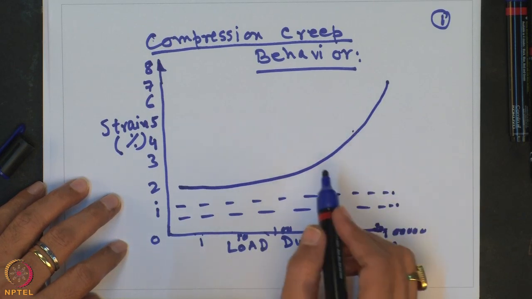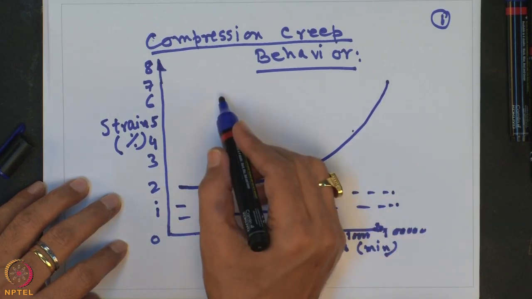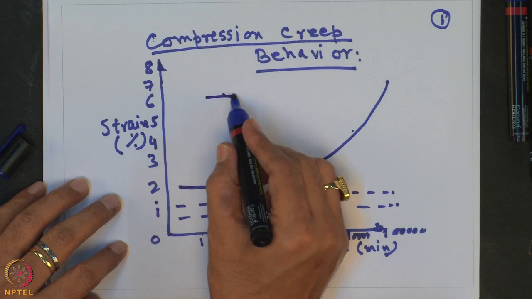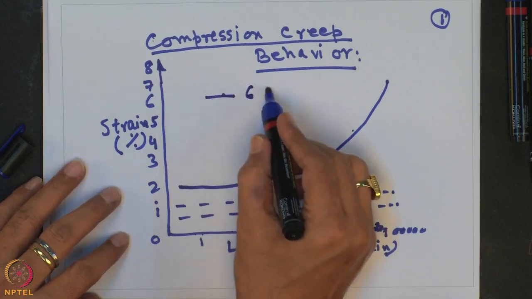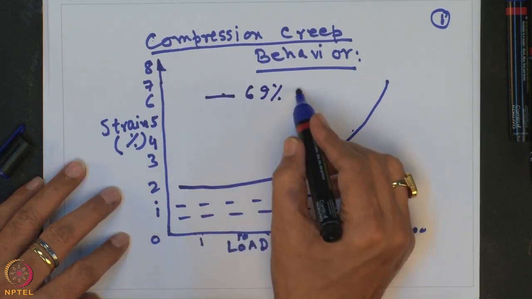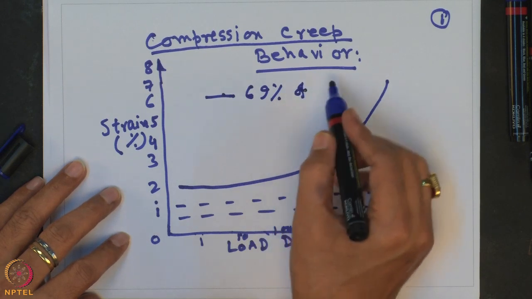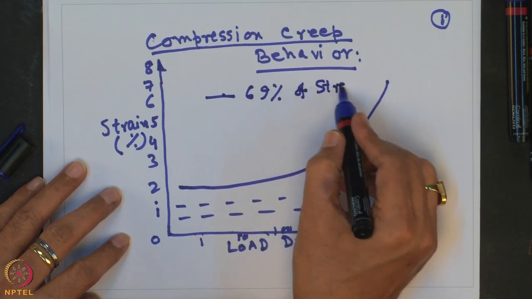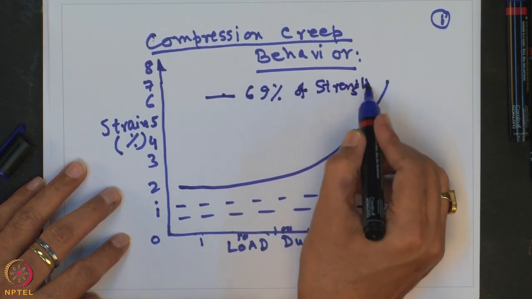So, this firm line is for 69% of strength. Okay.